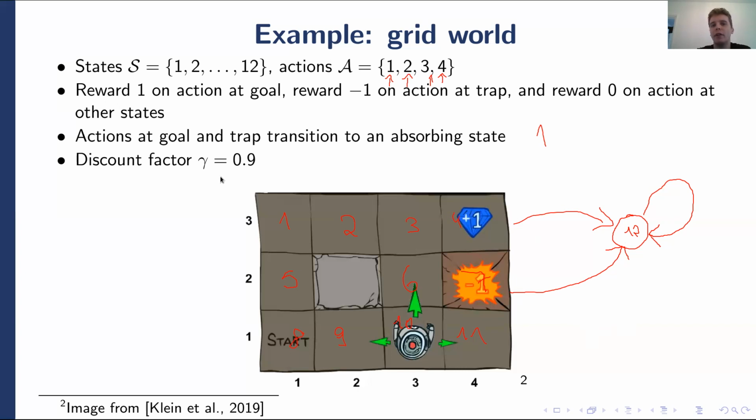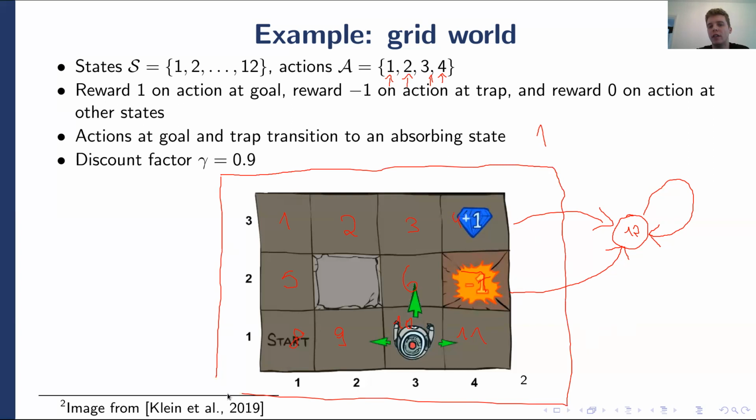So this is how you could model a simple setting like a robot moving in a maze, or you could also think of this as a setting in a game. You have a game where there are goals and there are traps. The agent needs to find out how to reach a goal as fast as possible.